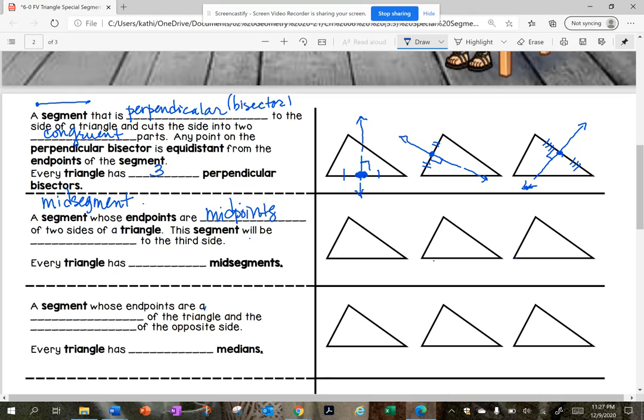This segment will also be parallel to the third side, and every triangle has three midsegments. Okay, so if I have my midpoint here and my midpoint here, if I connect midpoint to midpoint, then these two segments will be parallel.